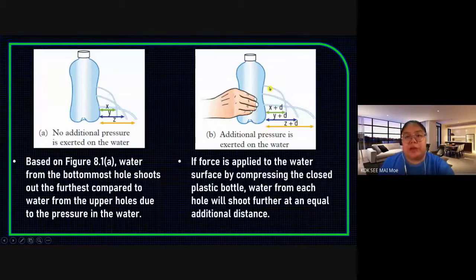You cannot say this one plus 4, this one plus 2, this one plus 3. No. If plus 2, everyone also plus 2. Just Z is still the furthest, because it is at the bottom, where the pressure should be the highest.